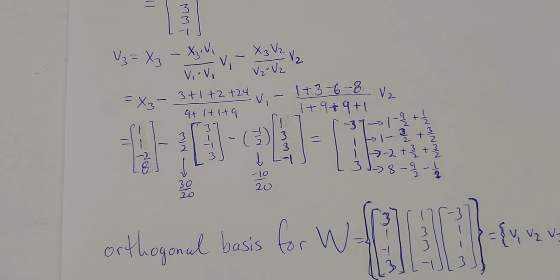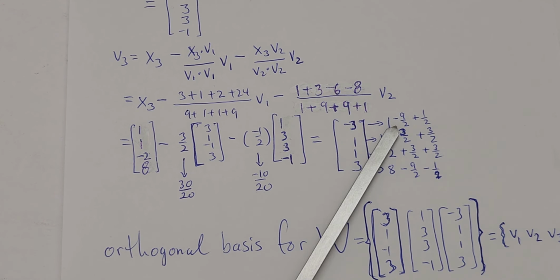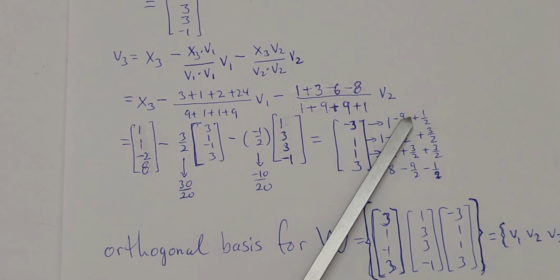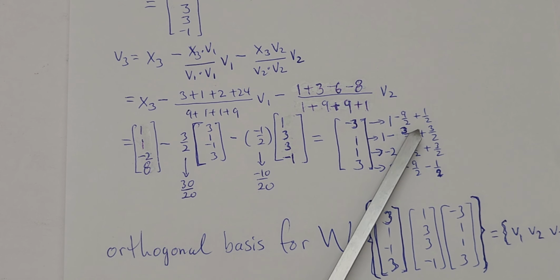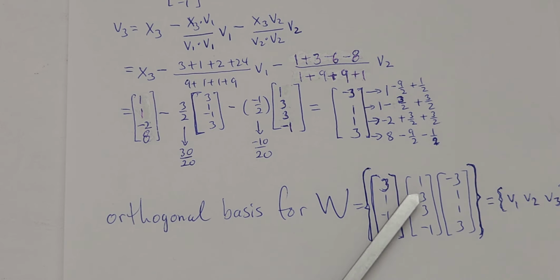So, if you add them all up, so all this right here, 1 minus 9 over 2 plus 1 over 2, what gives me this negative 3. 1 minus 3 over 2 plus 3 over 2, what gives me this 1.